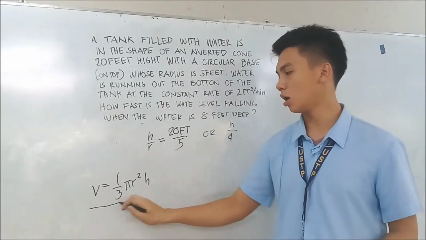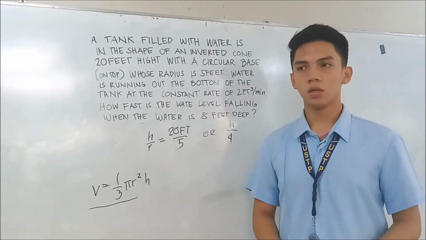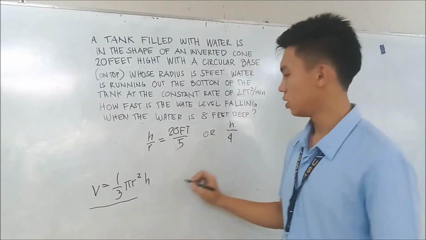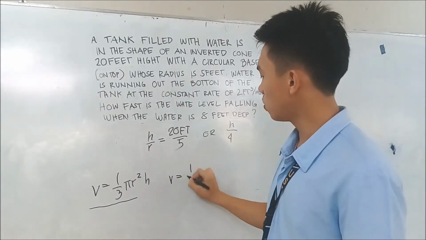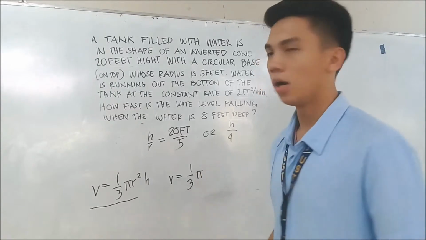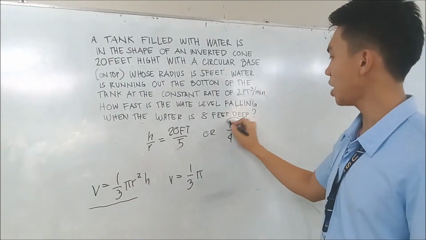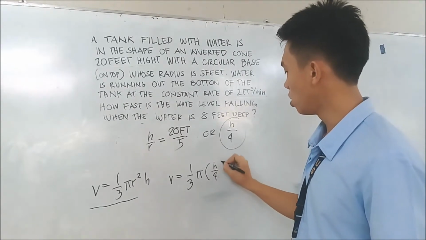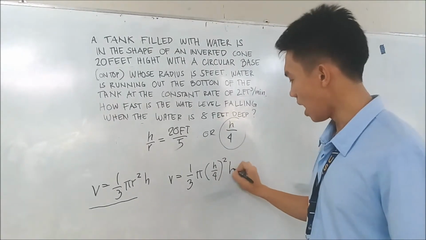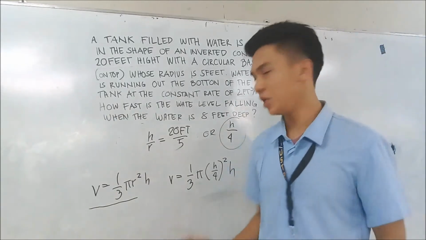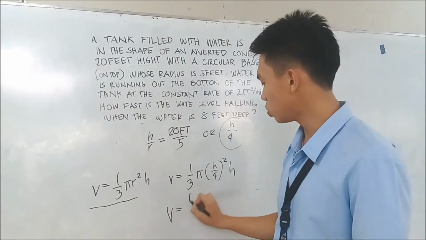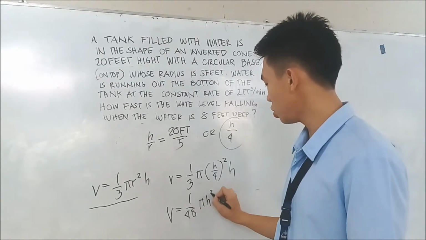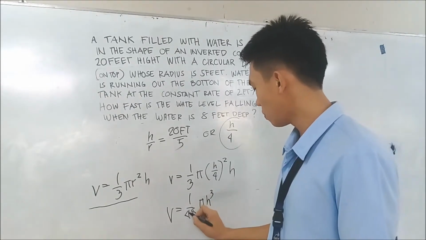Using this formula, you must insert the given values. V is equal to 1/3 pi, and the radius is height over 4, height over 4 squared times height. And the answer of this is V equals 1/48 pi h cubed.